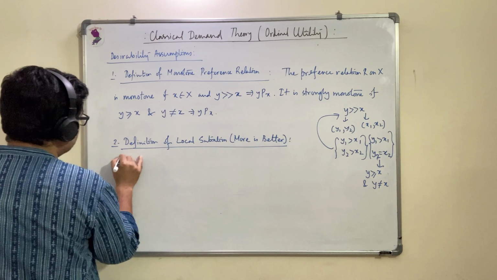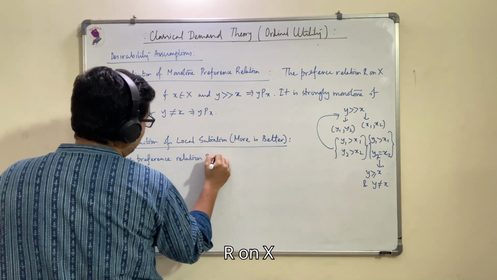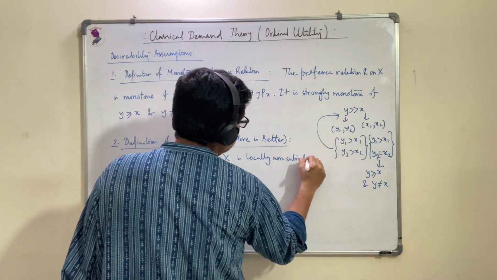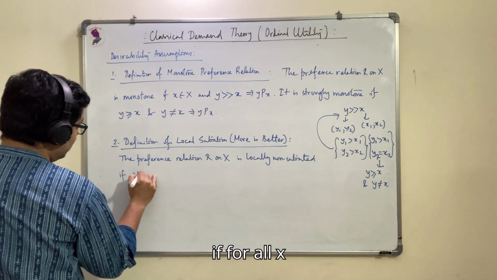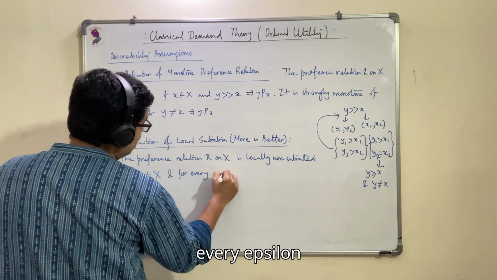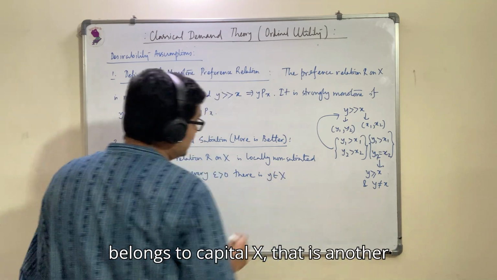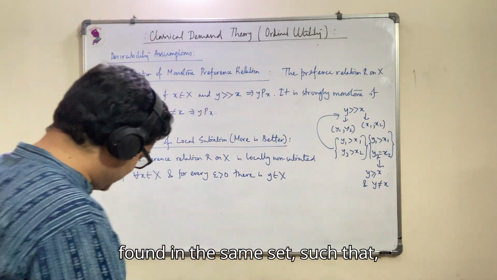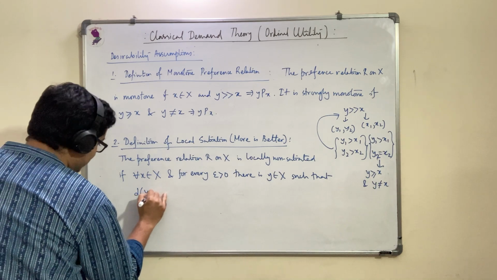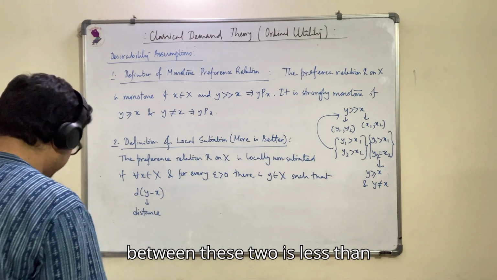So the preference relation R on X is locally non-satiated if for all x belonging to capital X and for every epsilon strictly greater than 0, positive, there is y belonging to capital X, that is another bundle that can be found in the same set, such that d(y, x), this is basically distance, so the gap between these two is less than epsilon.